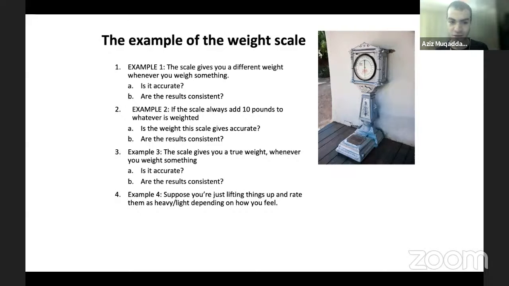All of you answered no. In number 2, however, if a scale always adds 10 pounds to whatever is being weighed, does the scale give you an accurate weight? The answer is no, and all of you answered no. Are the results consistent? Most of you got that part wrong.